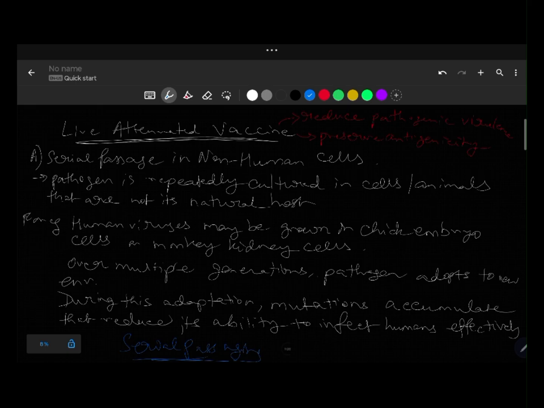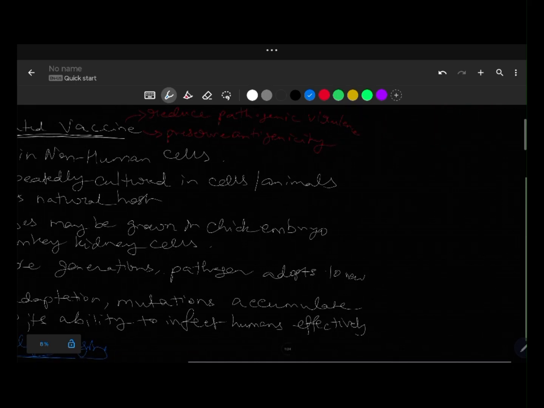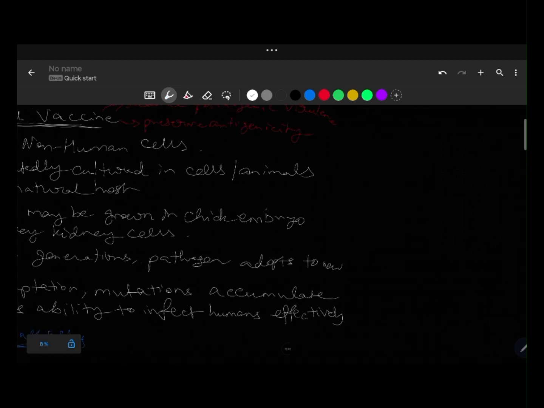Now we come to the second type, which is using temperature sensitive mutants.